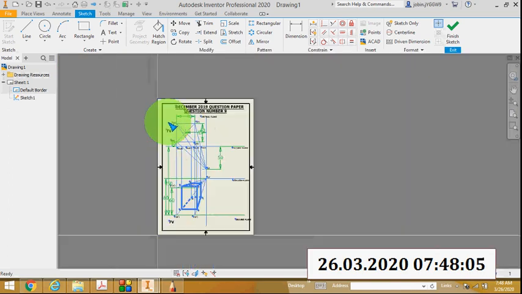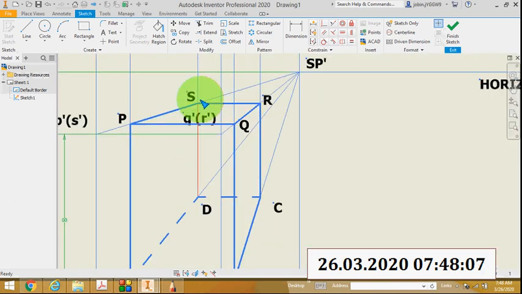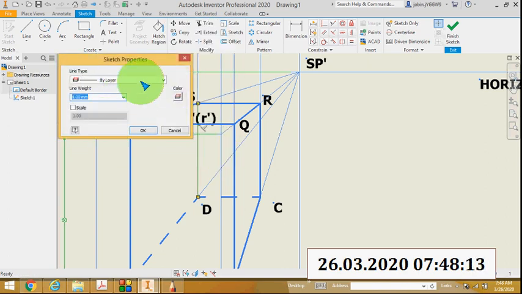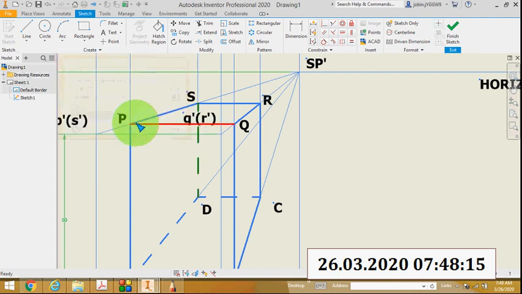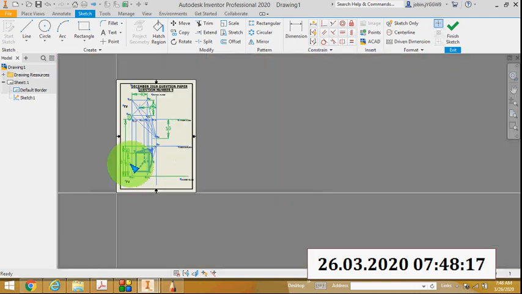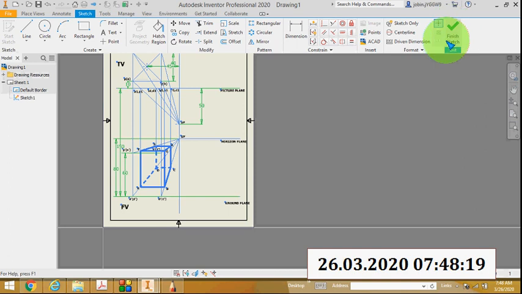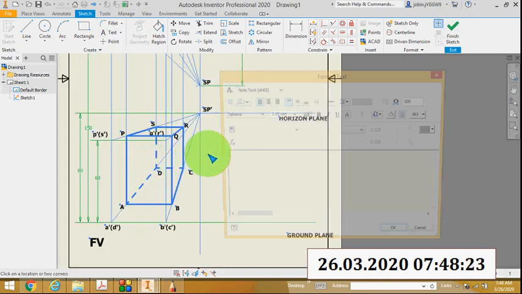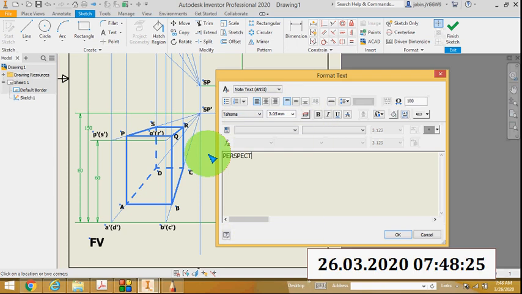SD is invisible, so that means a dotted line. So this is the perspective view of the square prism.